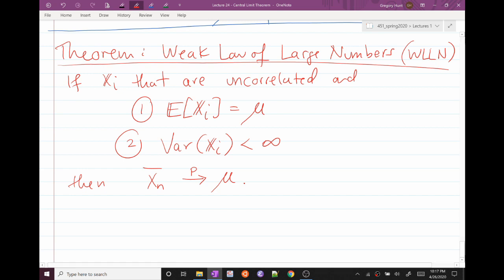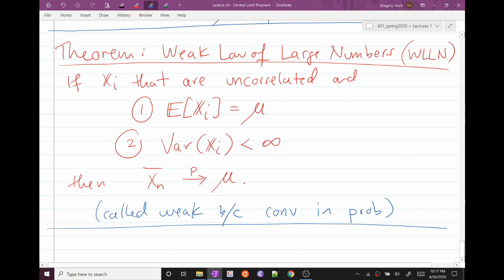It's called weak because it's convergence in probability. There'll be a strong law for convergence almost surely. But it says that if we collect enough, then in probability, this sample mean will converge to mu.